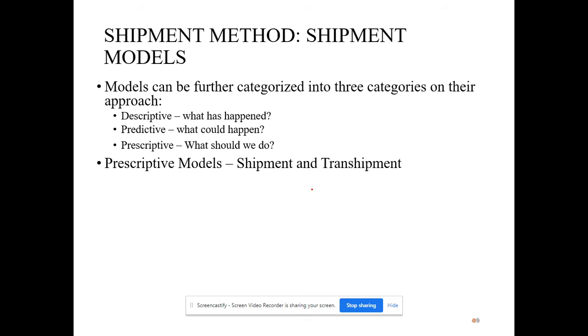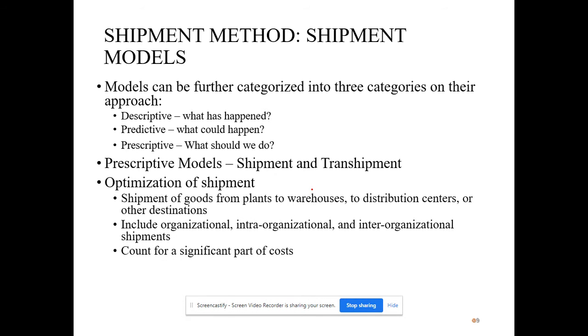And one prescriptive model is shipment and transshipment. So in this case, you look at shipment of goods from plant to warehouse, or to distribution center, or to other destination, and it includes intra-organization and inter-organization shipments, and accounts for a specific part of cost.